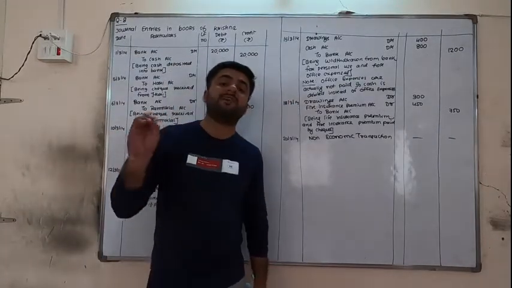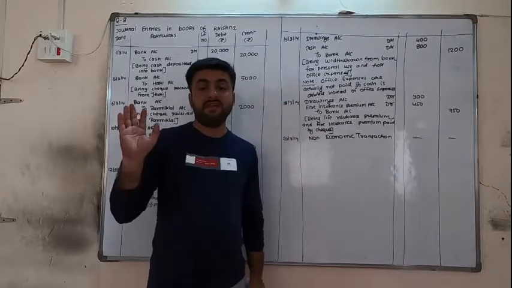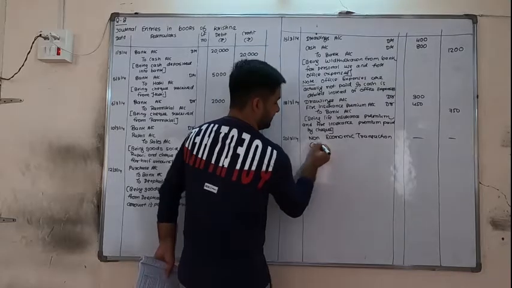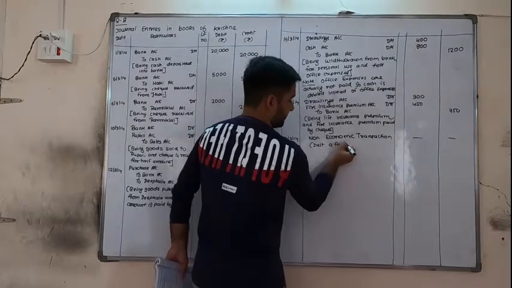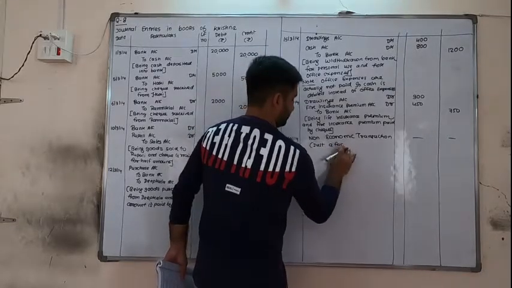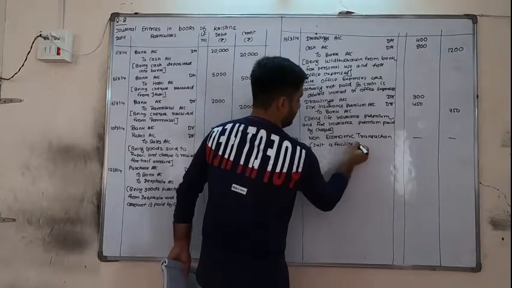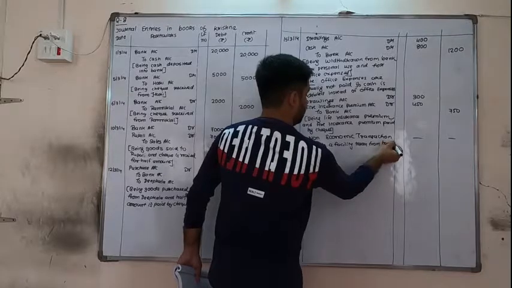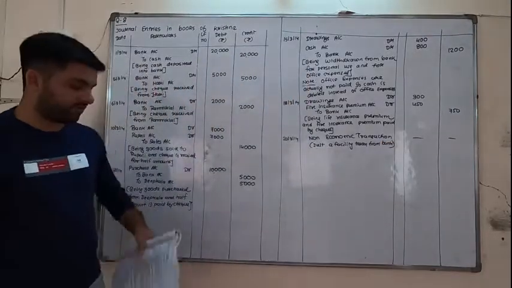This is just a facility taken. So write in the bracket, just a facility taken from bank. Nothing else. So this is a non-economic.